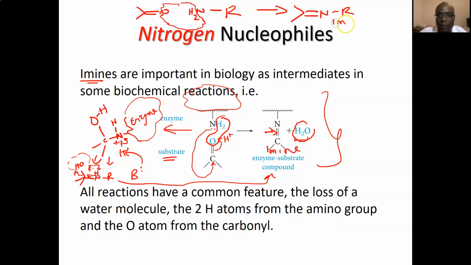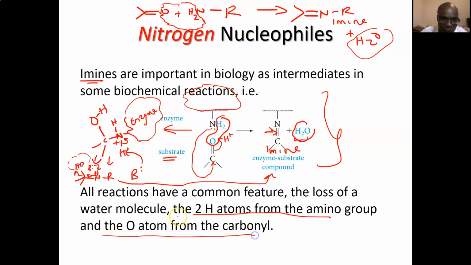That's the product, the imine product. Of course, H2O was lost. That's what I circled there. That's an exam survival trick. Instead of going through all the mechanism, simply align the two molecules like this, you'll forever be correct. Okay? So the two hydrogen atoms from the amino groups and the oxygen from the carbonyl are lost as water.